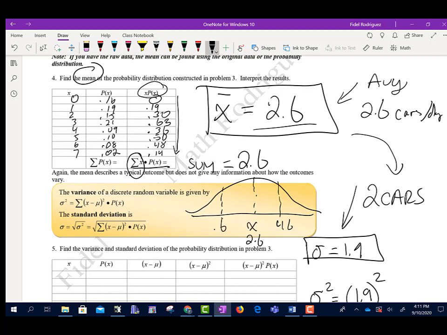So most of the cars sold per day were between 0.6 of a car, which you really can't sell, and 4.6. So either we sold not too many cars or up to about 4, maybe 5 cars per day, because of that standard deviation. The standard deviation is the spread here and the spread here. It's kind of like a little tolerance, a plus-minus type business, right?